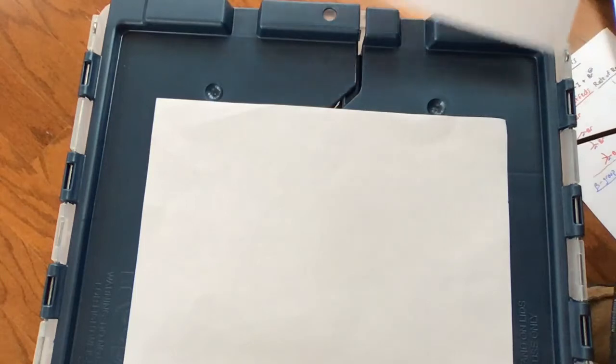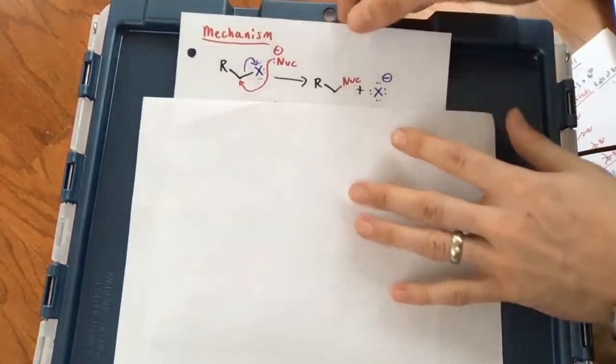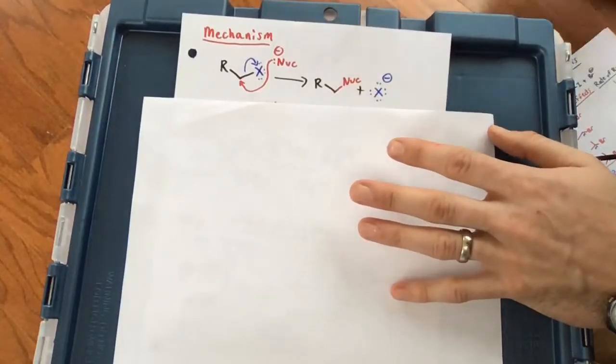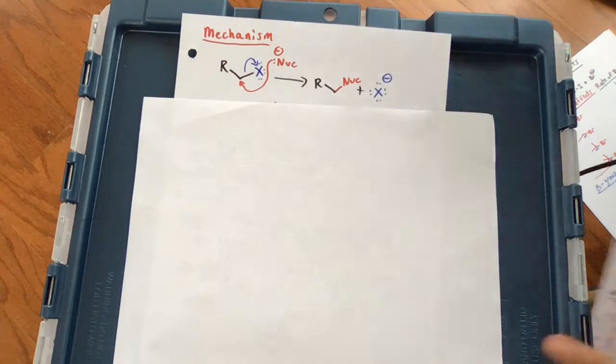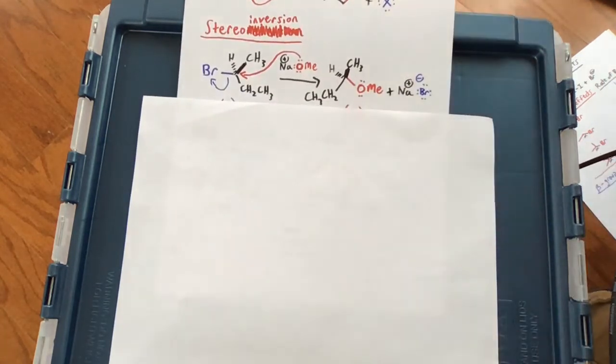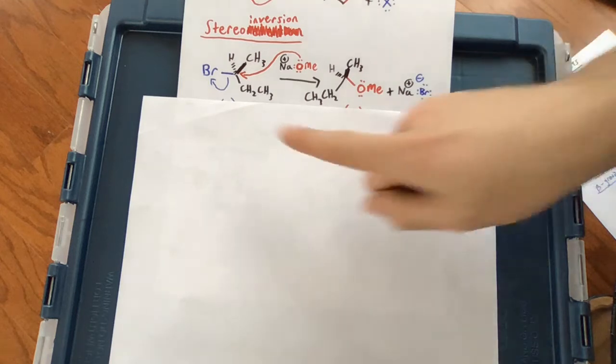Okay, and as you just saw, the mechanism of this reaction is here, where you have a one-step attack of the nucleophile on the alpha carbon of the alkyl halide. And one very interesting thing about this reaction is that if you use a chiral starting material, such as this 2-bromo, let's see, what is that? That's S-2-bromobutane here.